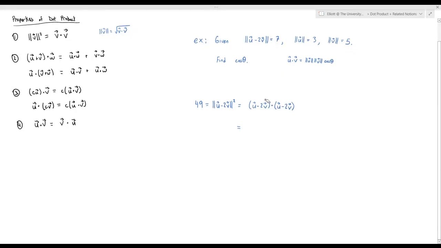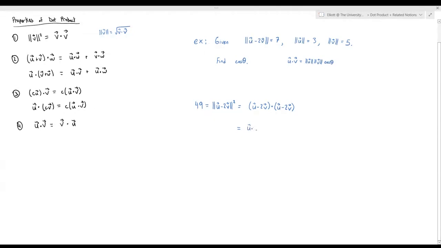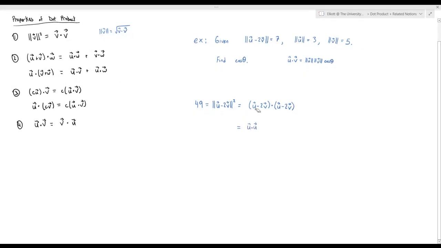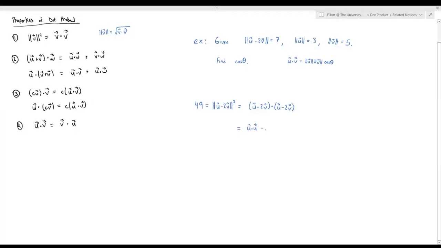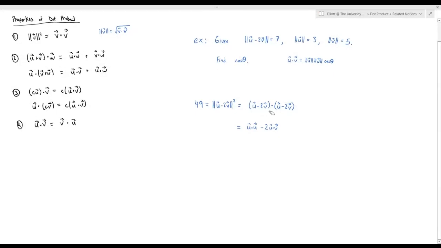So we will do u dot u. Next we have u dot minus 2v, which by the third property we can write as minus 2 u dot v.